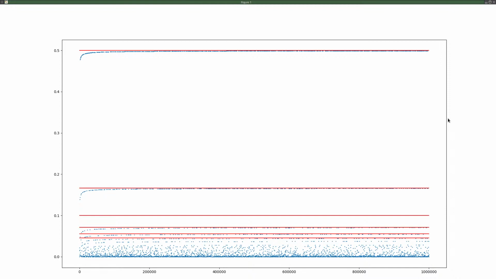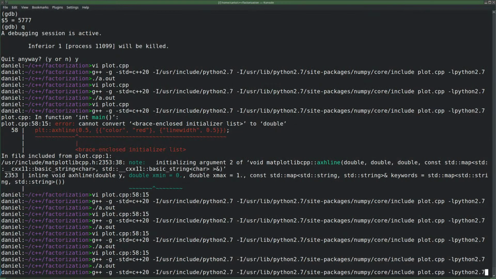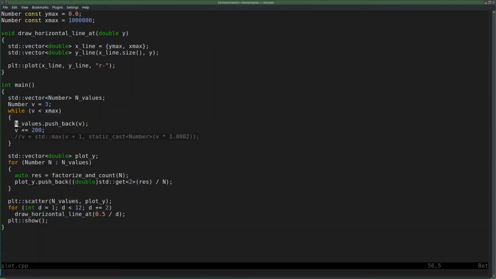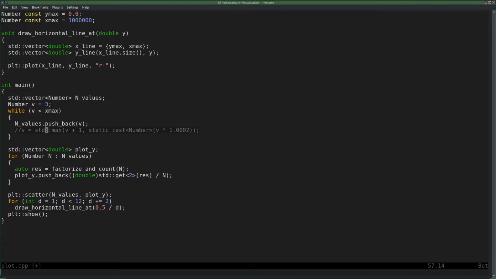Anyway, I'm going to increase the resolution again in the beginning here. Oops. So let's start with v equals 3 indeed, and then increment v with at least 1, but otherwise just multiply it with a small value.